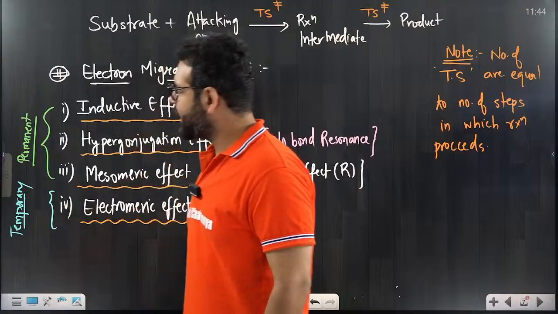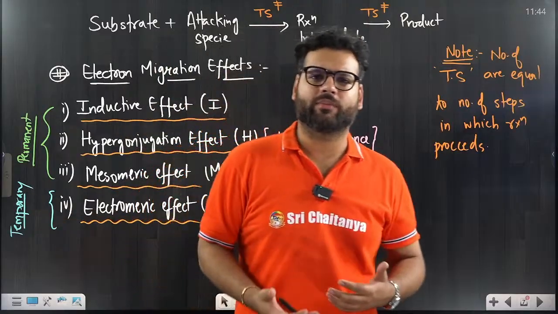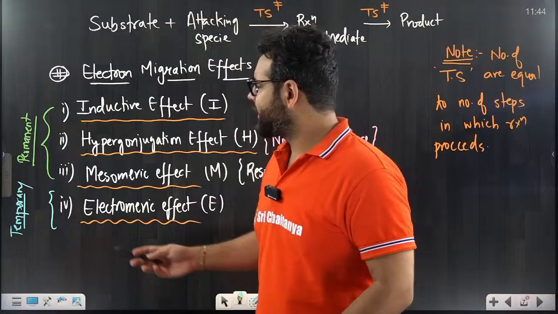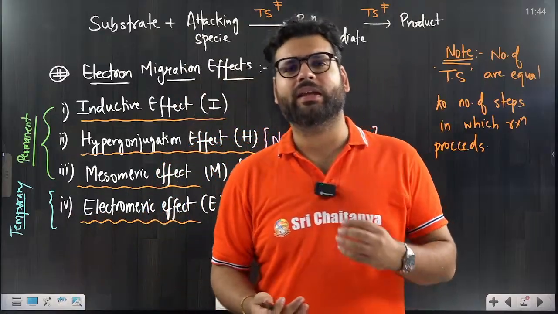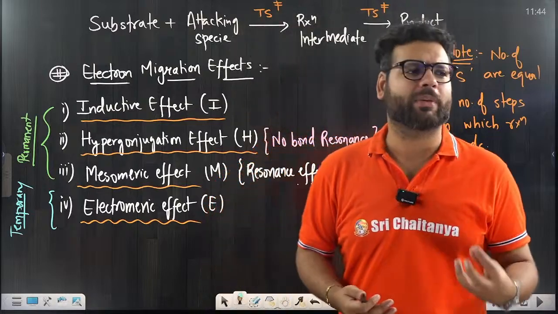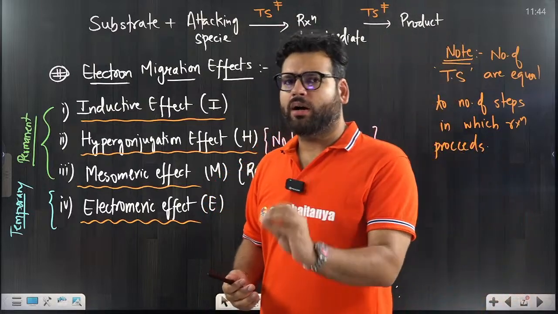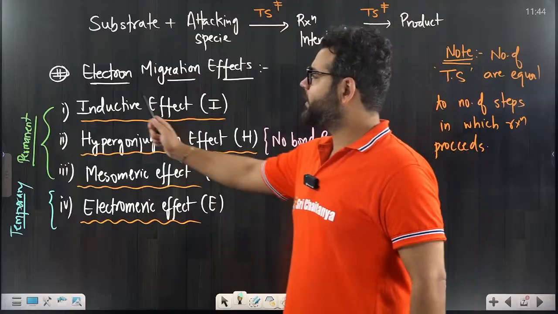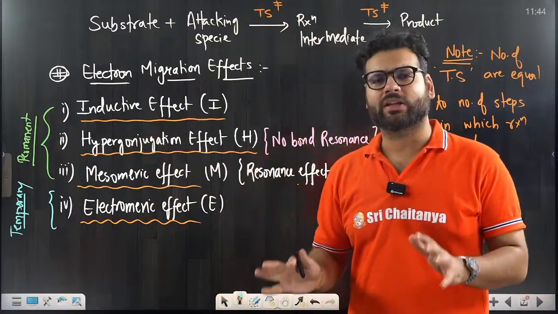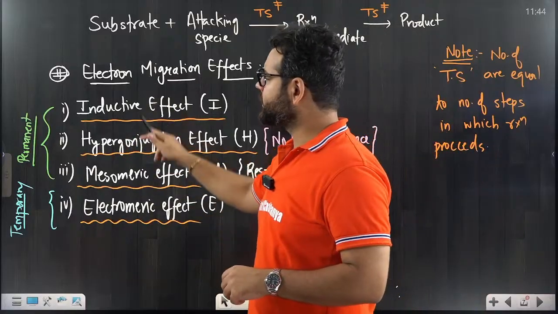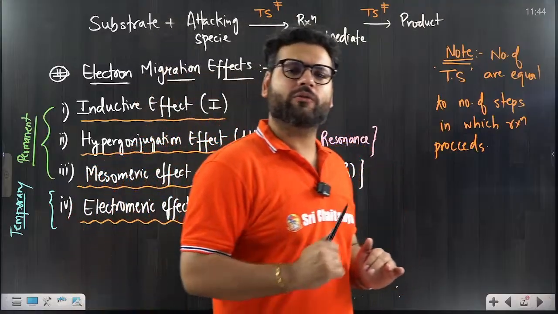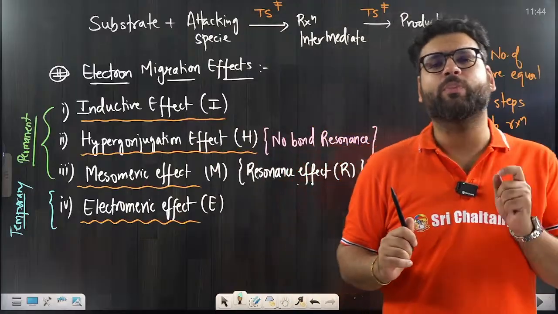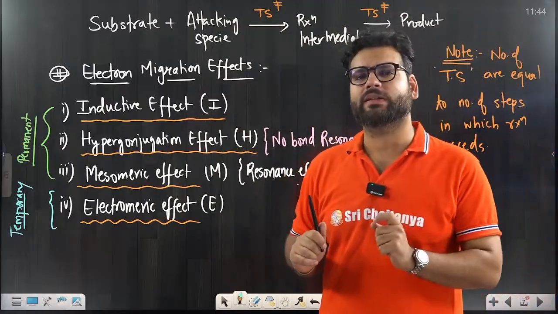So something which can happen, we call it an ability, right? So the temporary effect is also called the polarizability effect. It means there is an ability to get polarized, but in the presence of an attacking species. Whereas permanent effects are called polarization effects. That means due to the first three effects, polarization is always there in the picture. But in the case of the electromeric effect, polarization is possible, but it will take place when someone comes to attack.